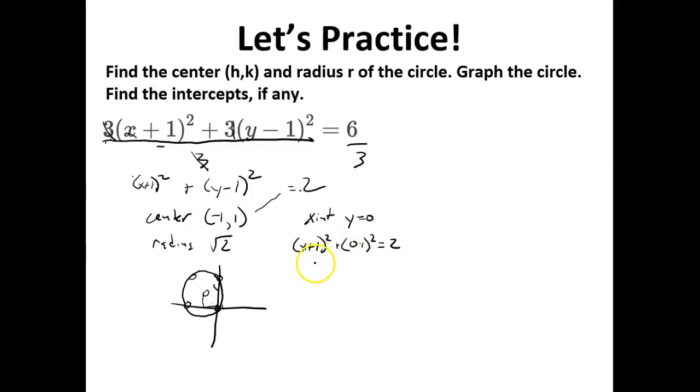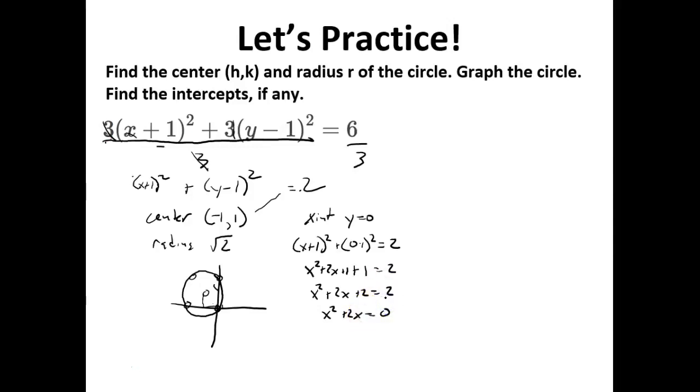I'm going to do some solving for this. We have x squared plus 2x plus 1 plus negative 1 squared, which is plus 1, is equal to 2. So x squared plus 2x plus 2 is equal to 2. x squared plus 2x is equal to 0.